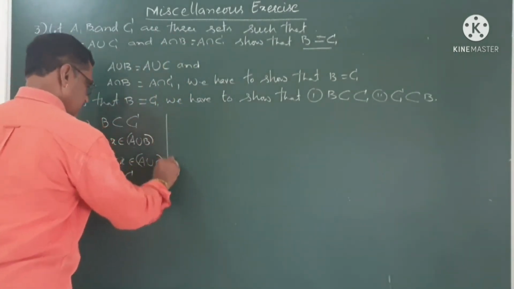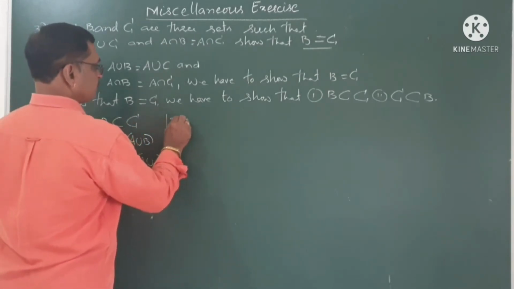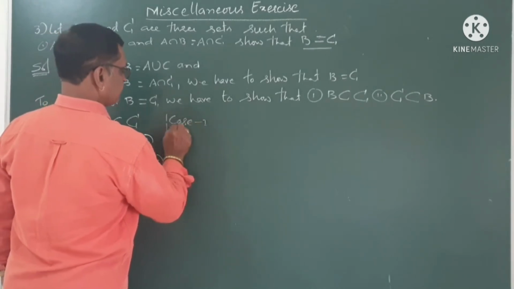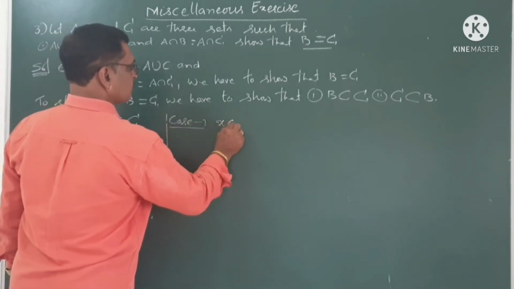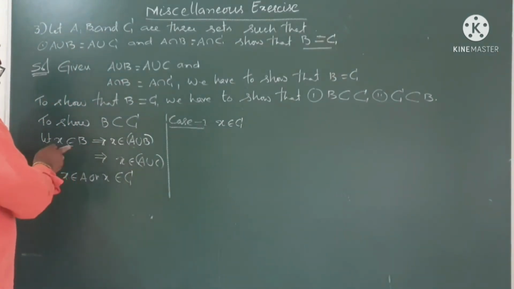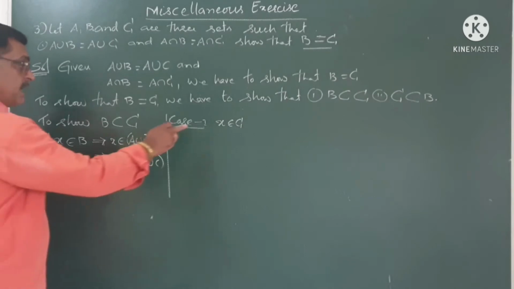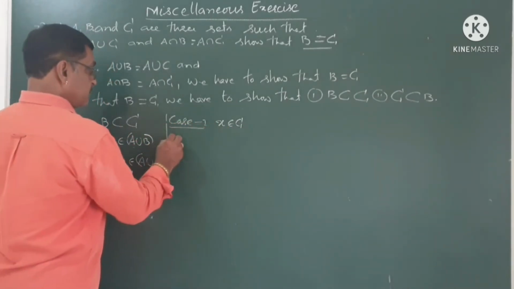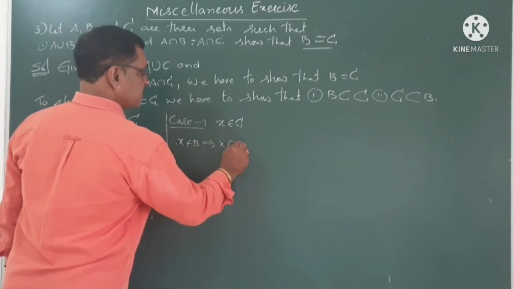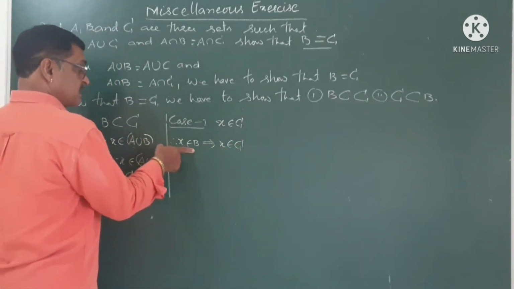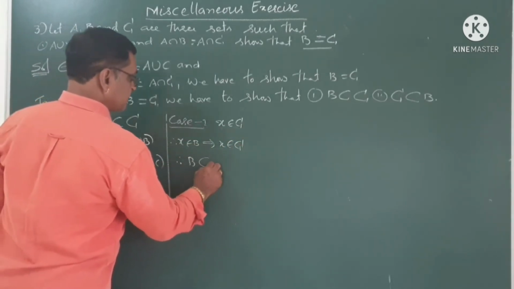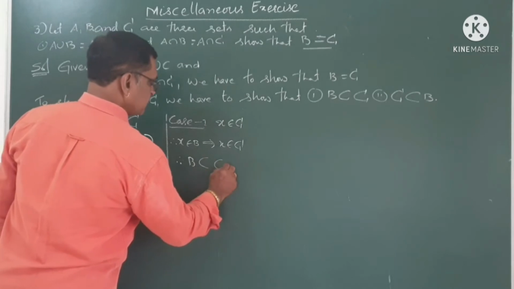Case 1: x belongs to C. It's obvious. I have taken x belongs to B and here x belongs to C. Therefore, x belongs to B implies x belongs to C. Whenever x is an element in B, it's also an element in C. Therefore, B is a subset of C.